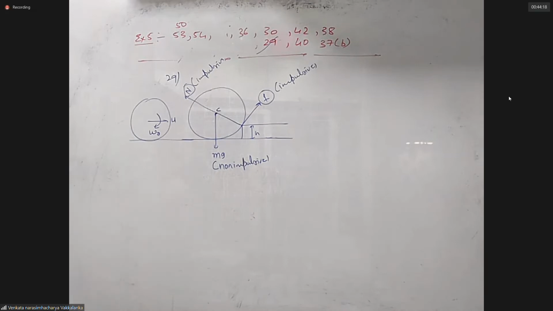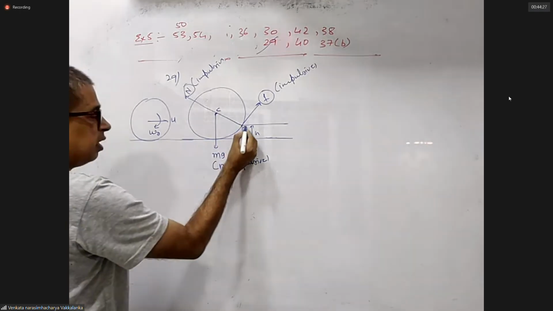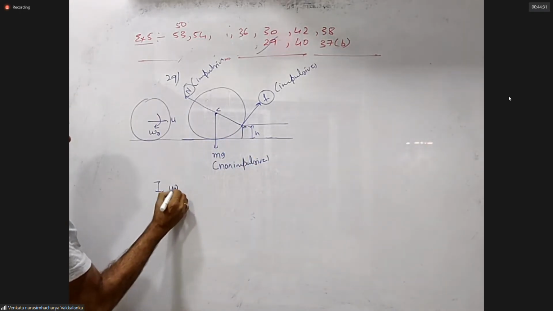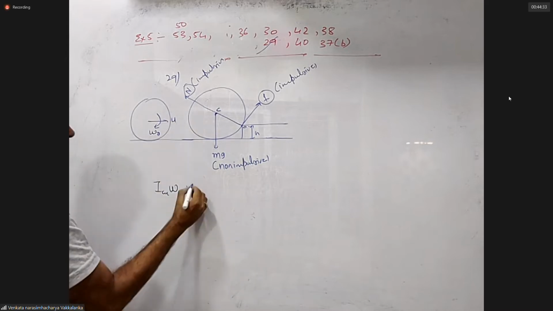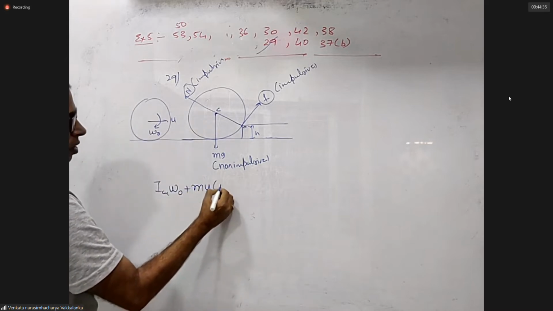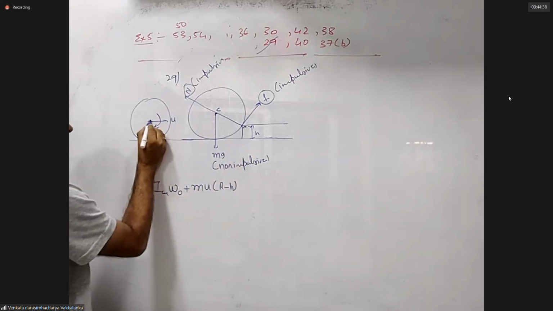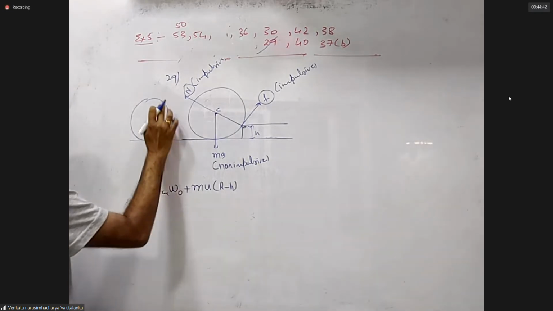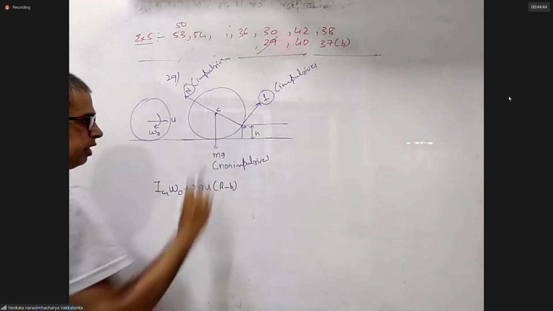Yes, sir. Now, angular momentum before the impact will be about this particular point. Angular momentum of the body about the center of mass, I_CM omega naught, plus angular momentum of the center of mass, m u into (r minus h).